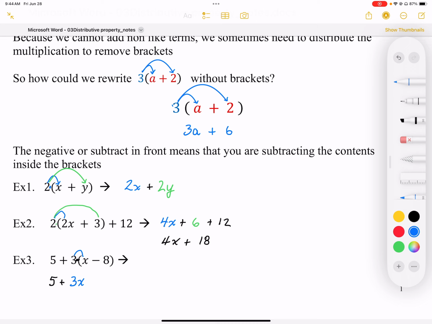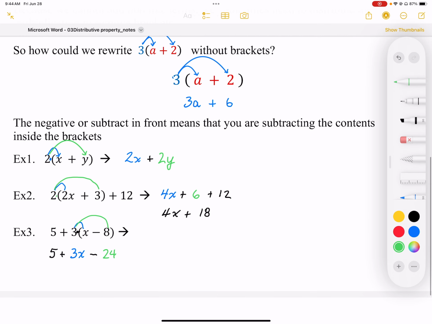I am doing 3 times x. So I get 3x. It's a minus, so I'm counting the 8 separately. And I'm going to do 3 times 8. That's going to give me 24. Now that I've gotten rid of the brackets, I can look for like terms. And my like terms are, well, I have 3 x's.